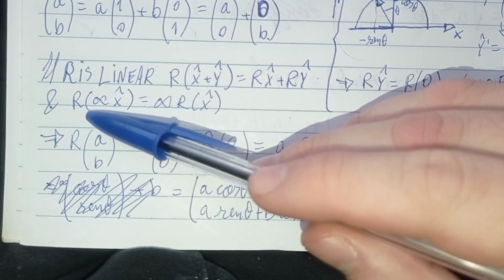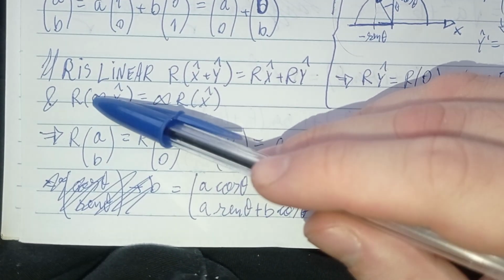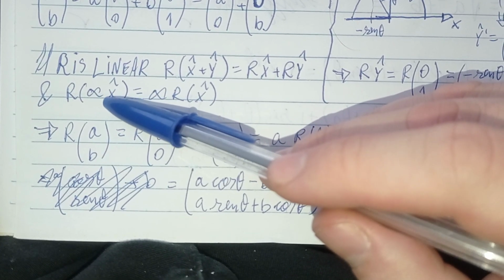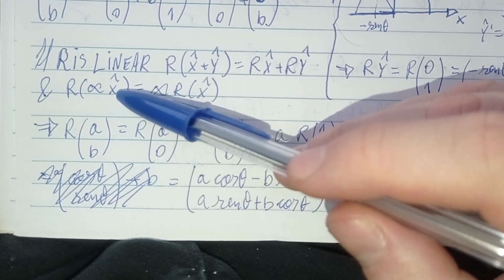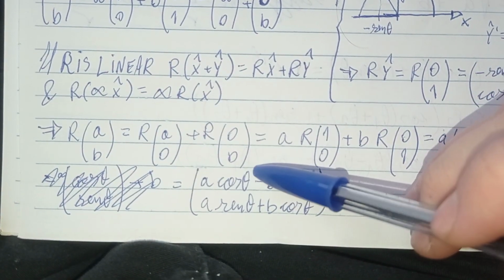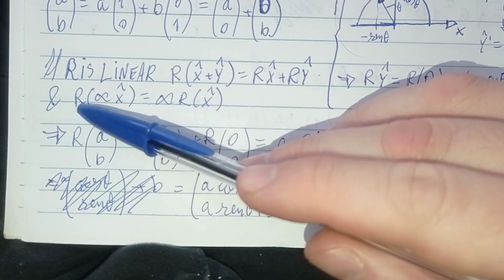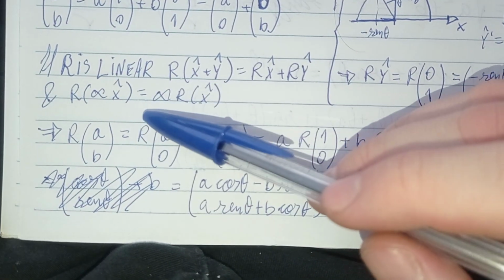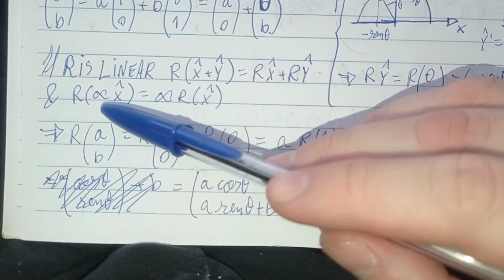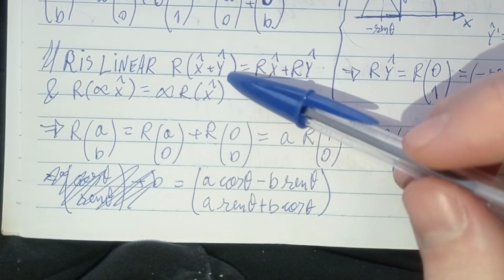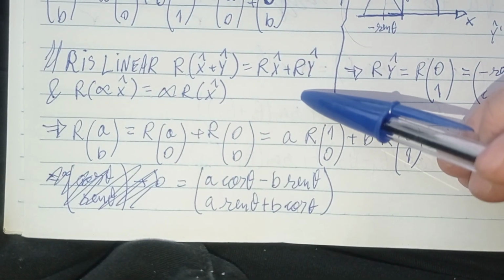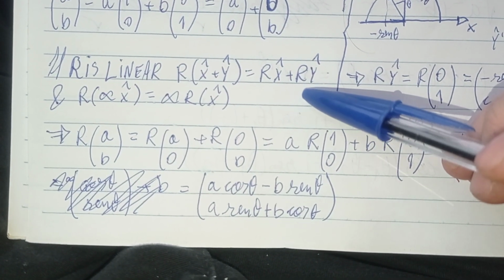And r acting on a vector that is stretched or compressed by a constant alpha x hat is going to be alpha times the rotation on x hat, so that r is called linear exactly because it doesn't do anything with a scalar in front of the vector, and it doesn't change how a sum of elements is acted upon.